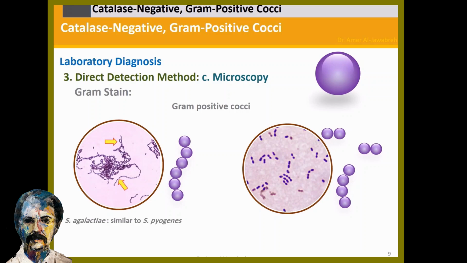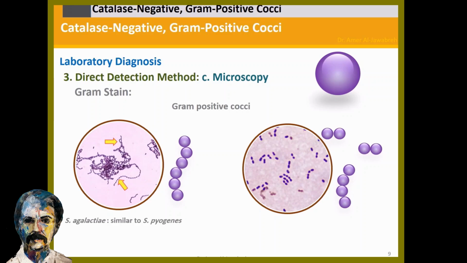If you see here, these are pairs. 2, 2, 2, and 2. We call this diplococci. What do I mean by diplococci? Two. The diplococci is the pneumoniae. Pneumoniae all the time appears like this. Then this is not a group A, this is not a group B, this is pneumoniae.